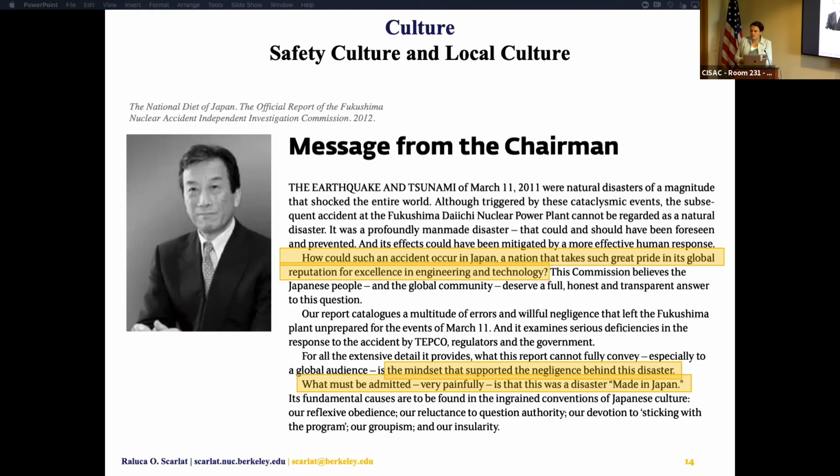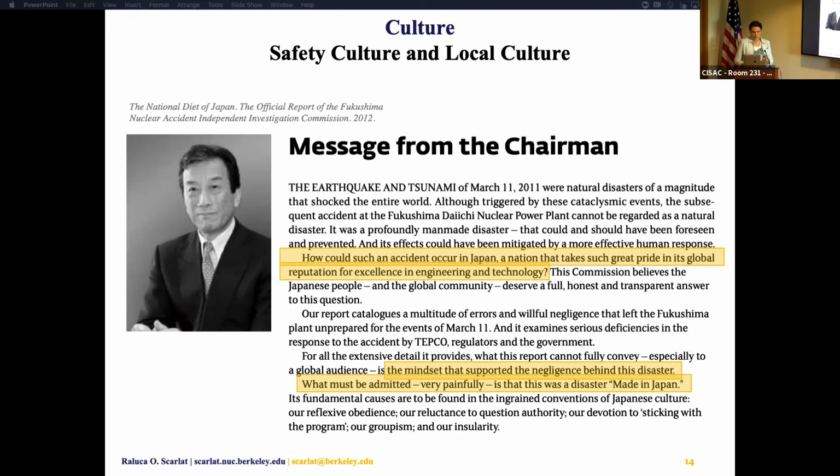We didn't just export the technology, we exported the safety culture, and there was an assumption that that safety culture would be just as readily adopted as the actual physical hardware. And we learned from the Fukushima accident, for example, that the process of exporting a safety culture into a different societal culture is not so easy. And it's not so obvious as to whether that was successful or not.